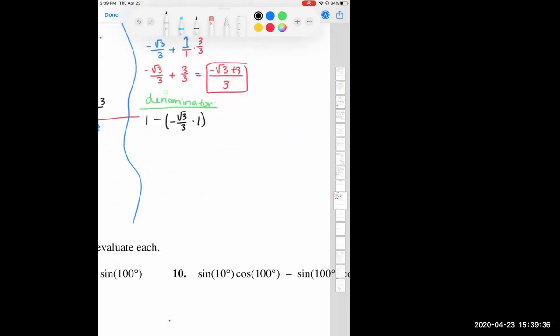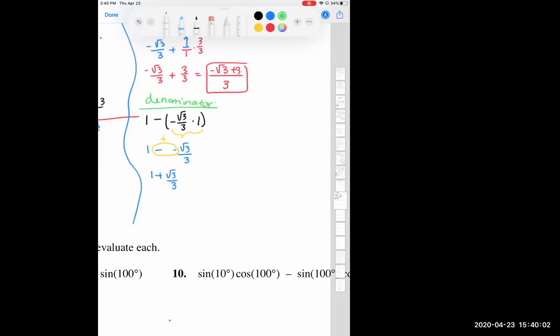Okay, so let's take a moment to multiply in the parentheses. If I multiply them, because I'm multiplying by 1, it's just negative square root of 3. All right, so I have 1 minus negative square root of 3 over 3. A negative times a negative gives a positive. So let's just rewrite it. So we have 1 plus square root of 3 over 3.